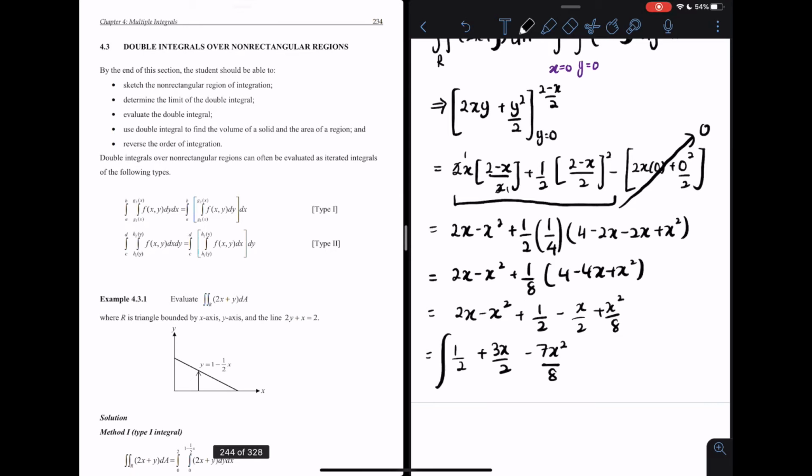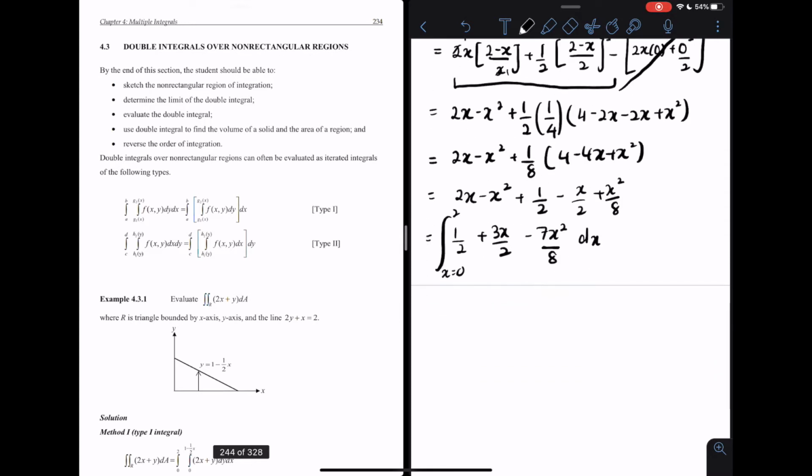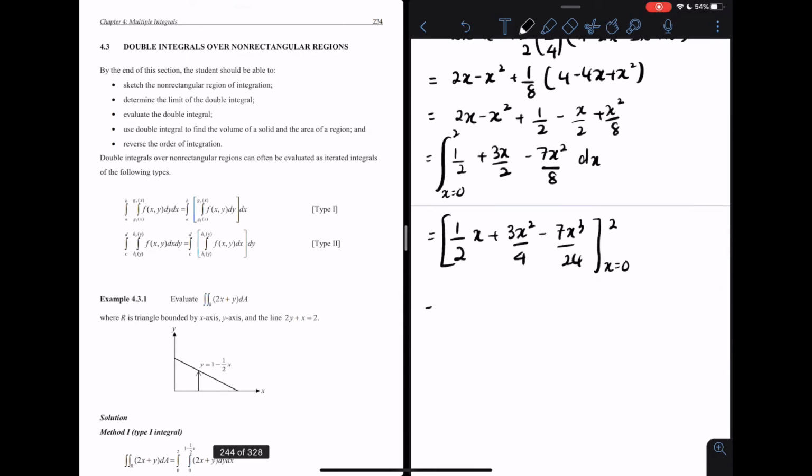Then integrate from x equal to 0 until 2 with respect to variable x, and then I will get 1 over 2 x plus 3x squared over 4 minus 7x cubed over 24, and then I'm going to evaluate from x equal to 0 until 2.